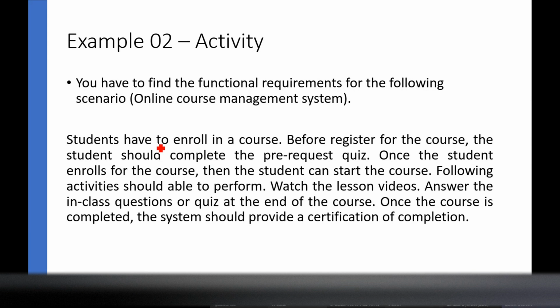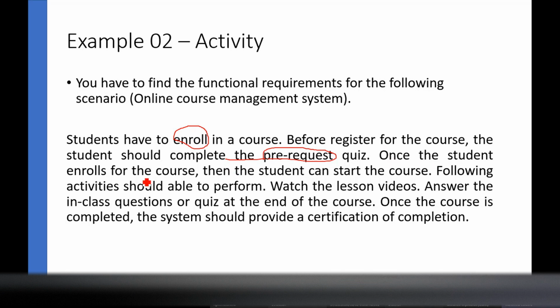Now again, we'll start from the beginning. Students are enrolling for courses. Before registering for the course, the student should complete a pre-requisite quiz. The pre-requisite quiz should be completed by the student.